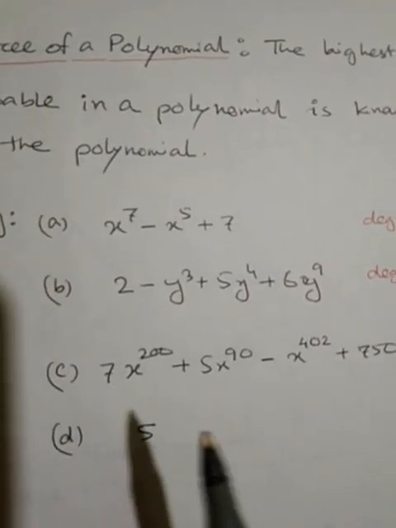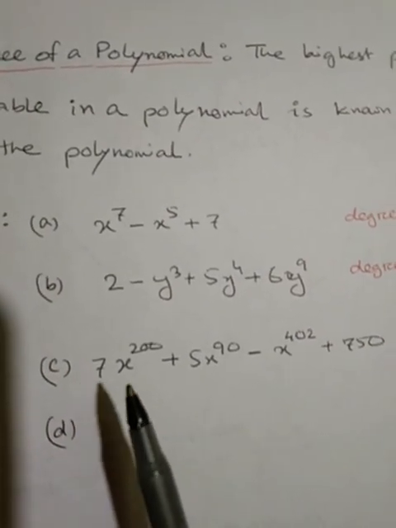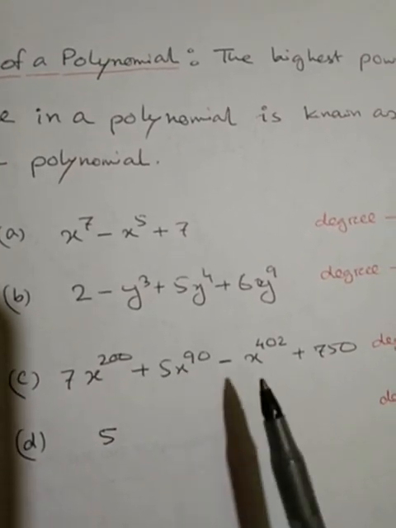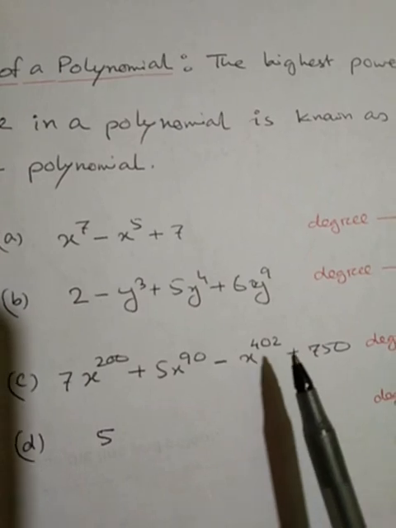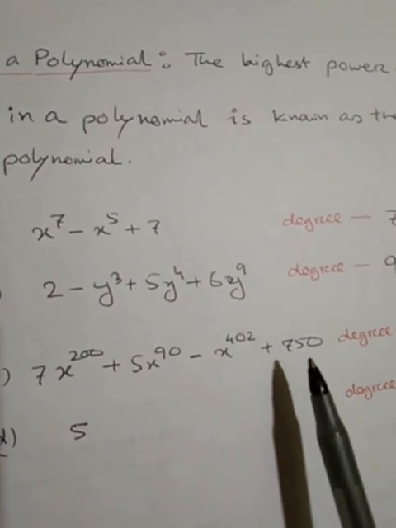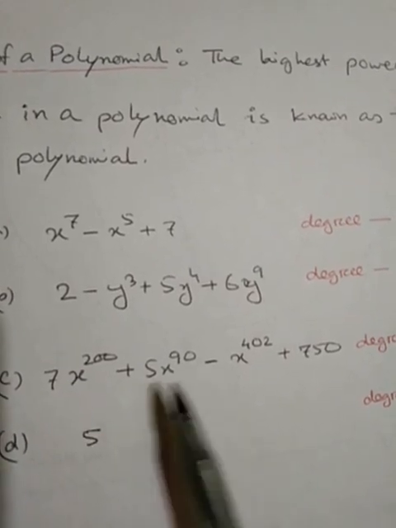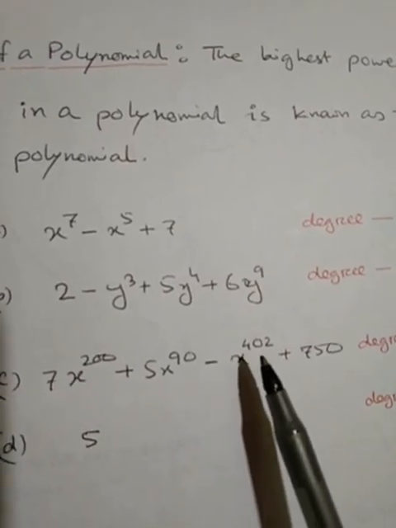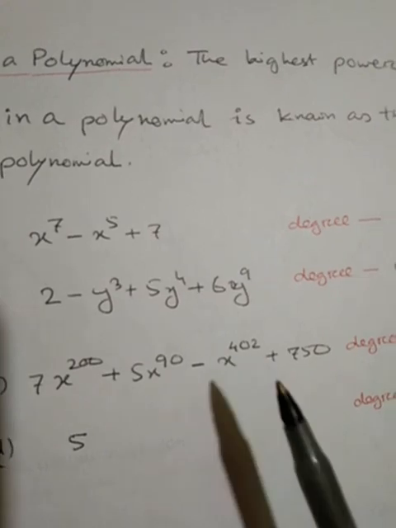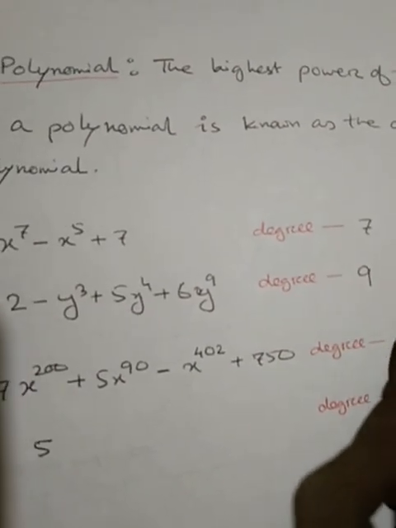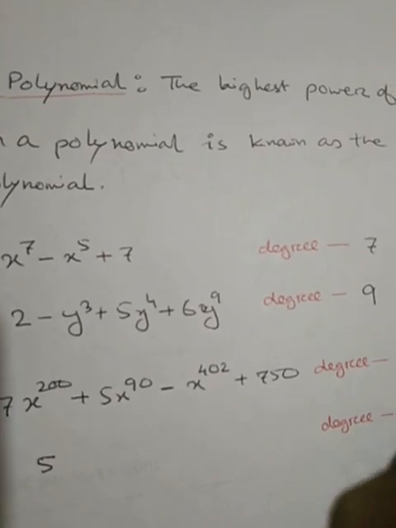Similarly, in the third polynomial, we can see 7x to the power 200 plus 5x to the power 90 minus x to the power 402 plus 750. So here, if we compare, the highest power is 402. So the degree will be 402.